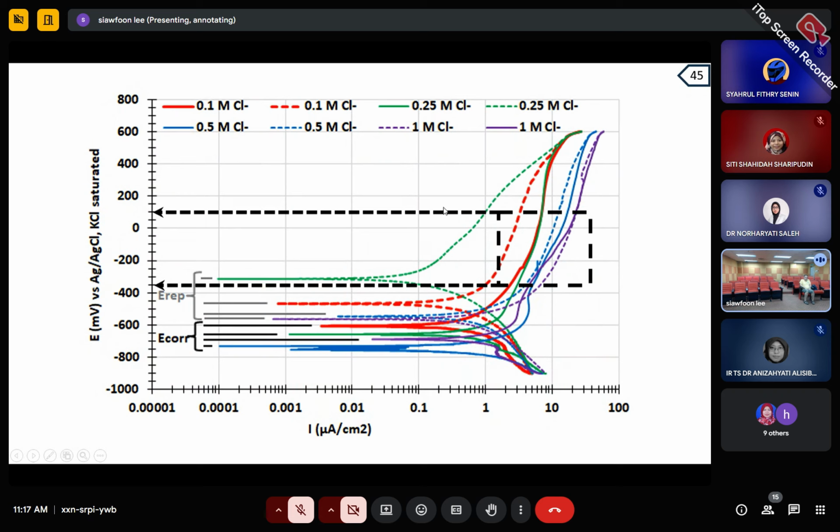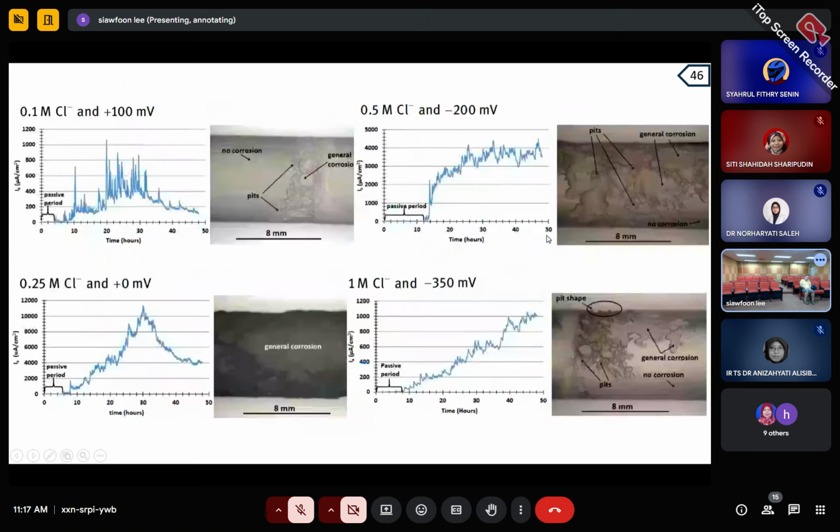And here, as I said before, from 0.1 to 1, they have this kind of passive region. And in this region, you don't see any shoot out of the current. So I take this region as a passive region. Then I apply the anodic potential, a constant anodic potential. For example, for 0.1, I apply very high, plus 10.